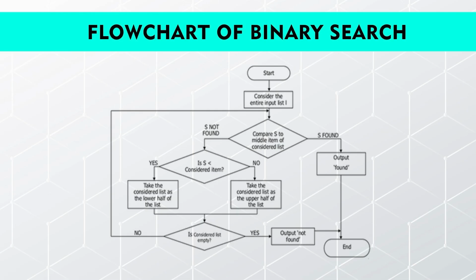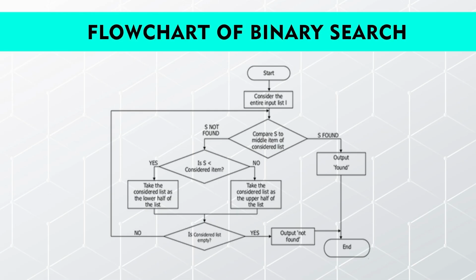But in binary search, what we are doing is splitting a complete list into 2 partitions. And we check whether the element to be searched is less than the middle value of that list, which is sorted either in ascending or descending order.